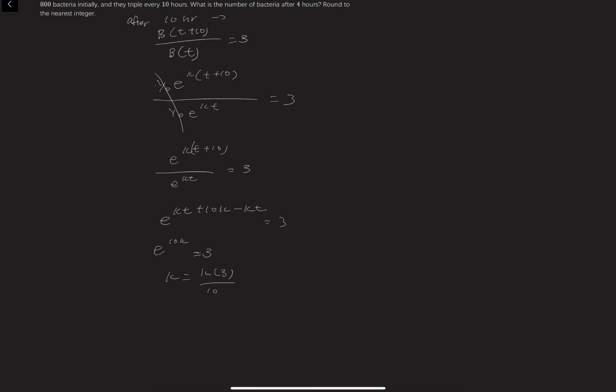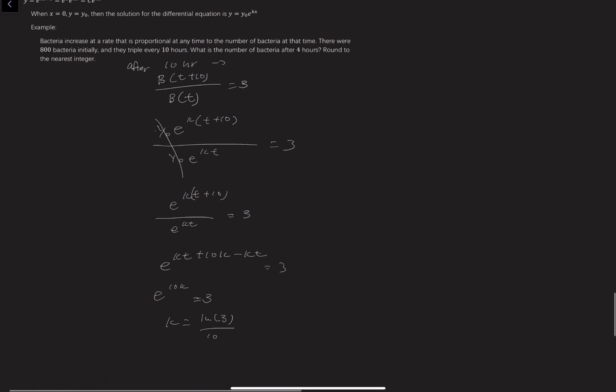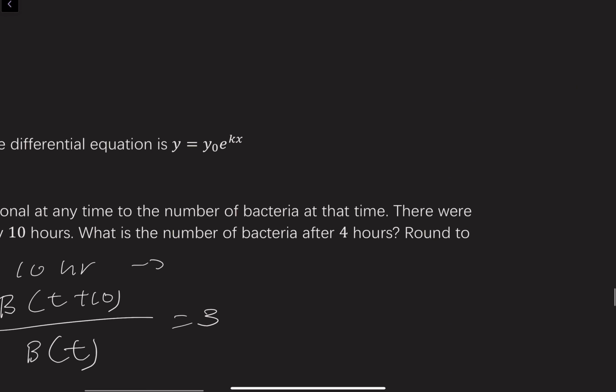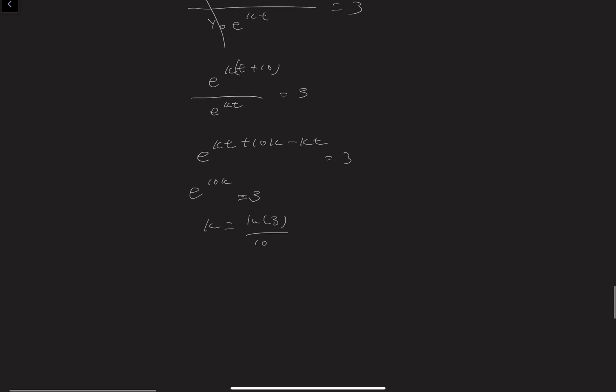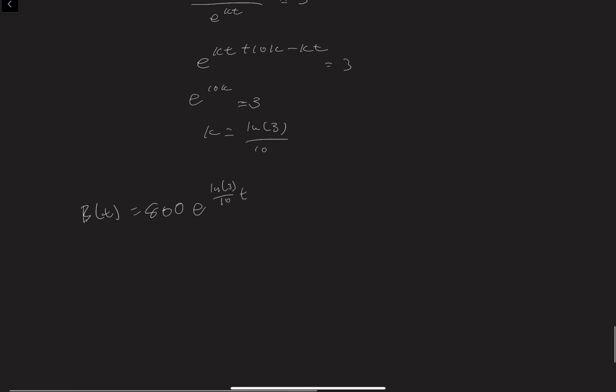And now we can substitute this value back into our differential equation solution. Remember, y equal to y0 e to the kx. So our function, b of t, is y0, the initial bacteria, which is 800, times e to the kt. k we already solved: natural log of 3 over 10. x, which is t, is our independent variable.